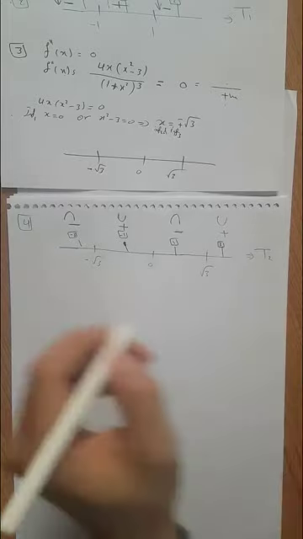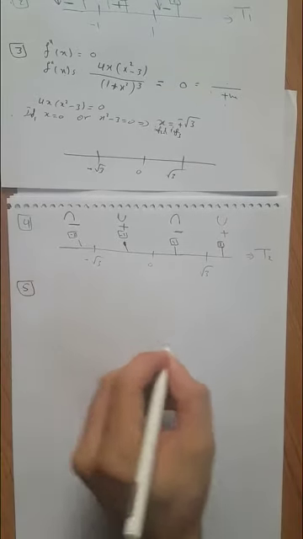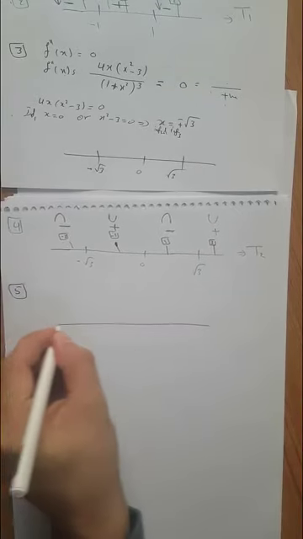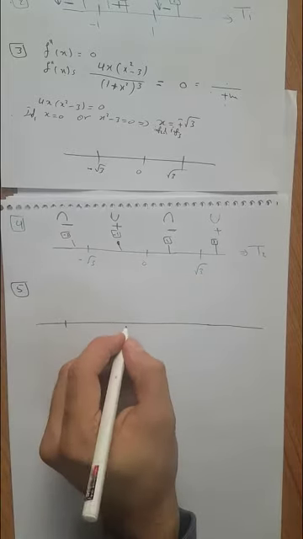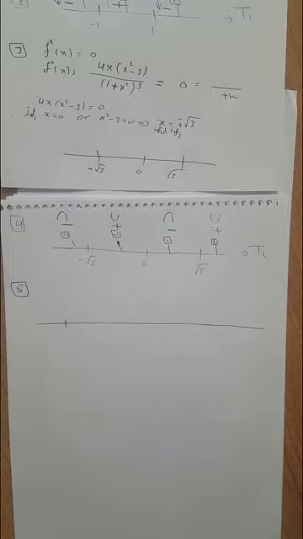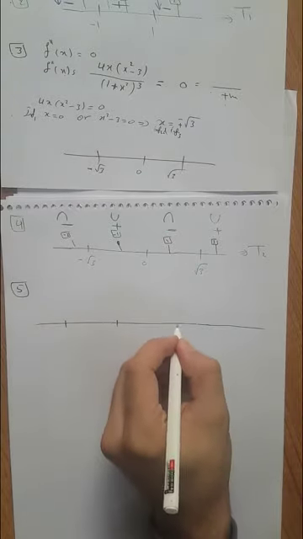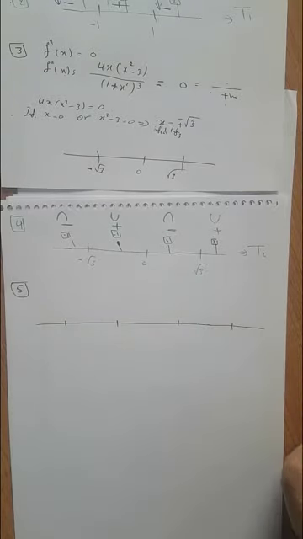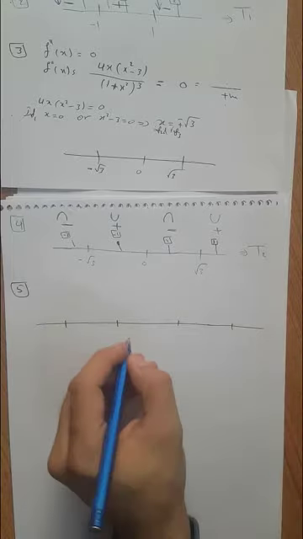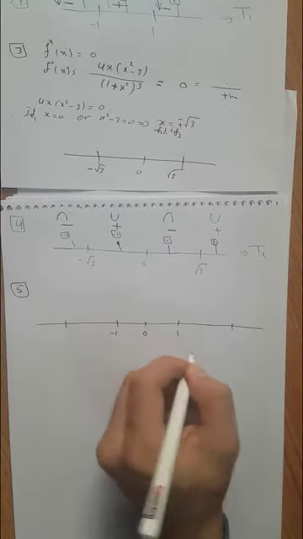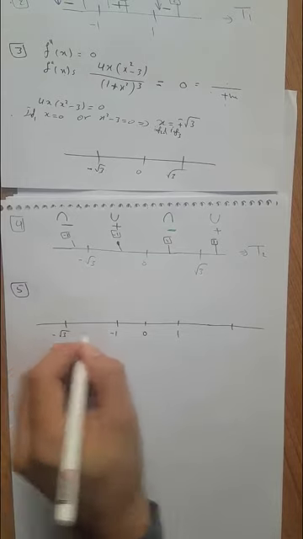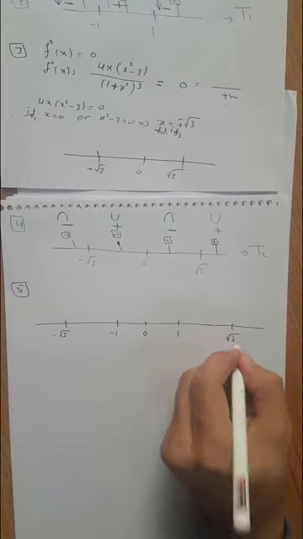So step number 5 will be collecting all the points here. I have 0, I have minus 1, 1, and I have minus square root of 3 and square root of 3.